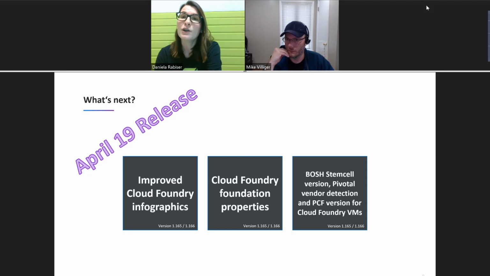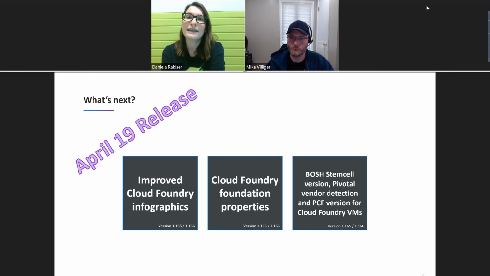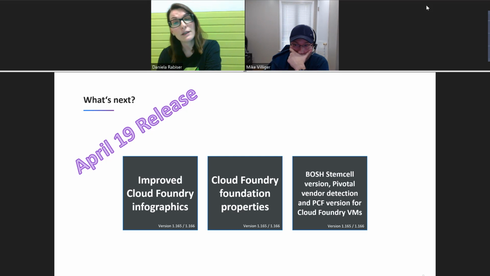And what's really interesting and really awesome, and where the teams did an awesome job, is that with the next release we will be able to detect the BOSH stemcell version, and also whether the Cloud Foundry vendor is Pivotal or not. And we can also detect the PCF version. So for Pivotal Cloud Foundry, we can detect the version information on a host level.